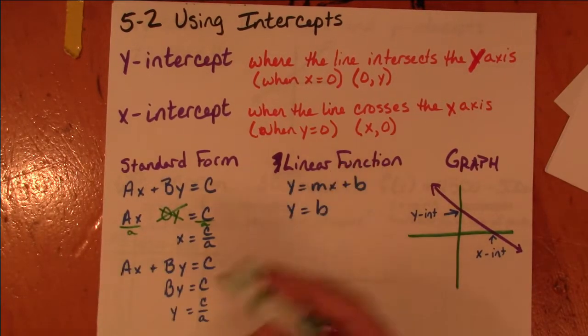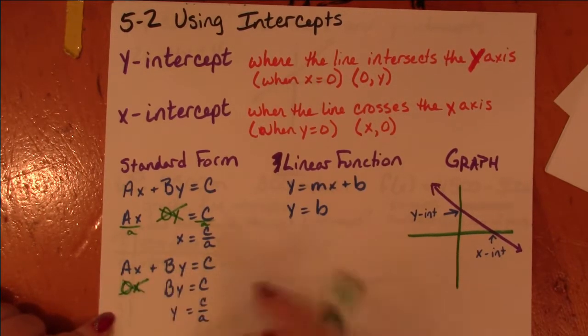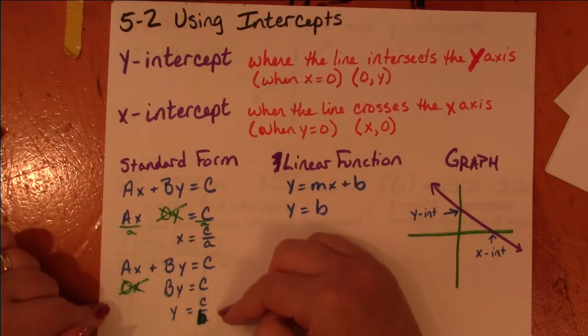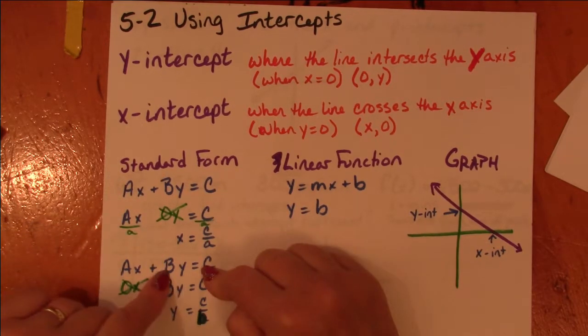And the same thing for when a equals 0 and it goes away. by equals c, and you divide both sides by b, you get y equals c over b. And when you stick numbers in here, it's a quick x equals c over a and y equals c over b.